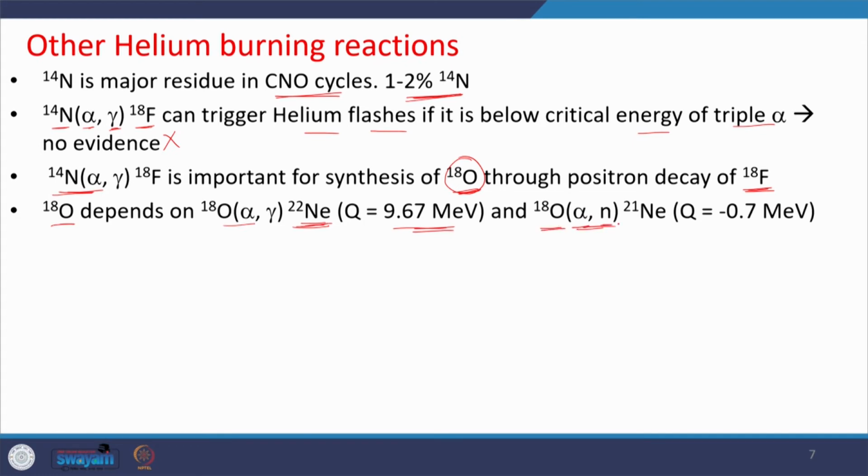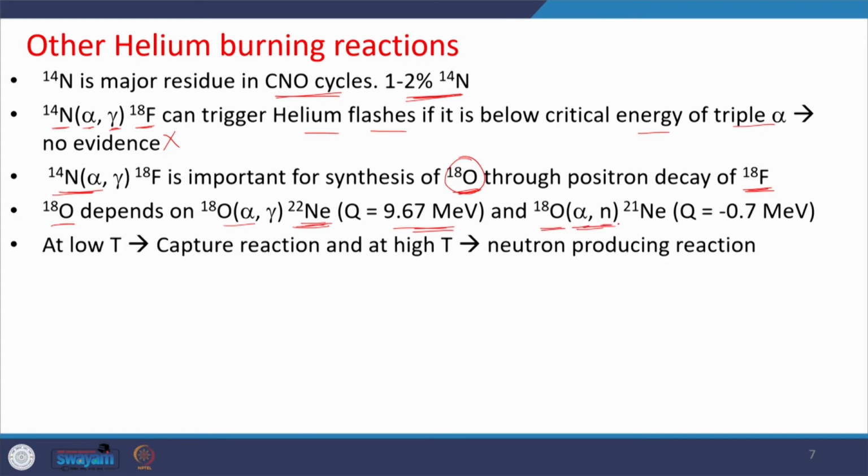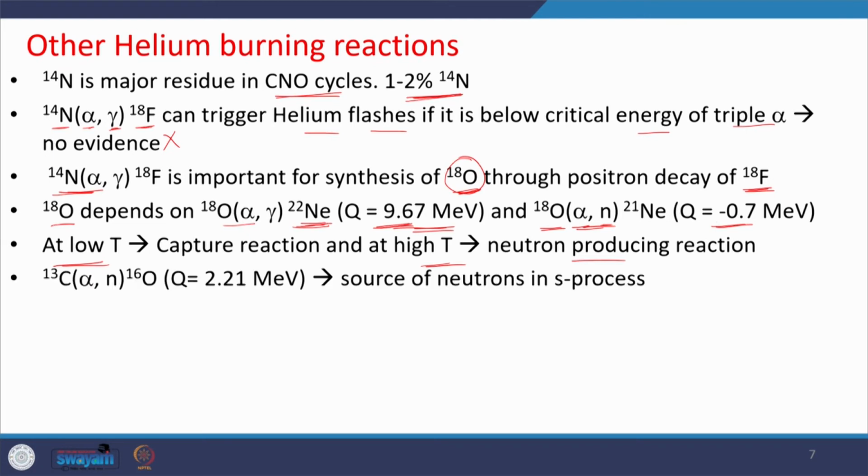So, this is one of the sources for the neutrons. Okay. Now, at low temperature, if you see, the capture reaction is dominating, see the negative Q value and the positive Q value, and at high temperature the neutron producing reaction is dominating. So, at what temperature ranges oxygen 18 undergoes what kind of reaction, we can see here.